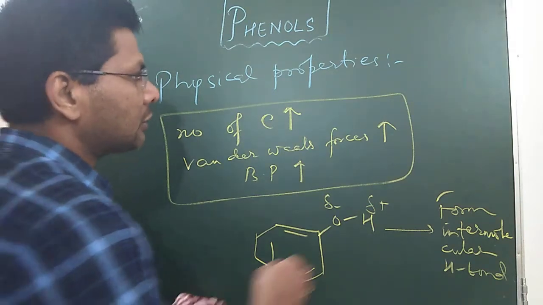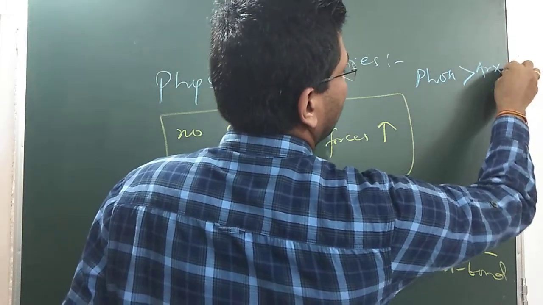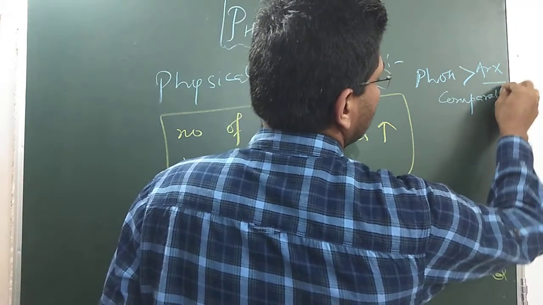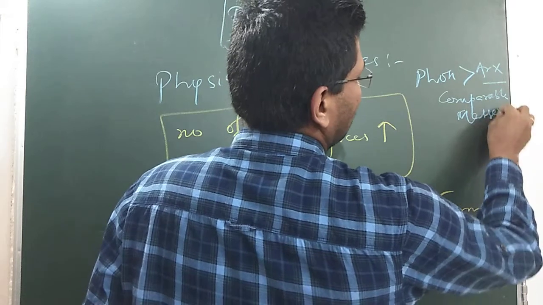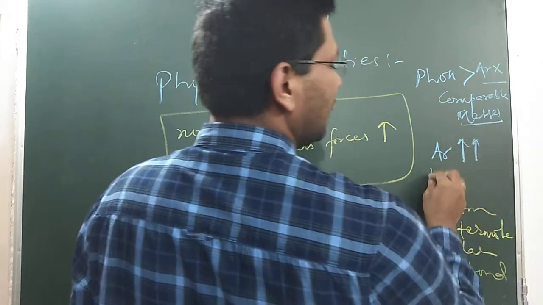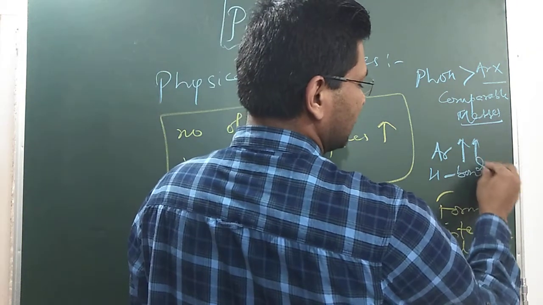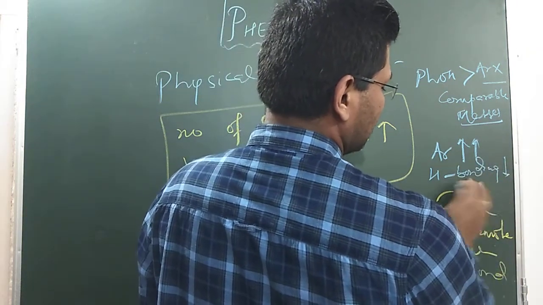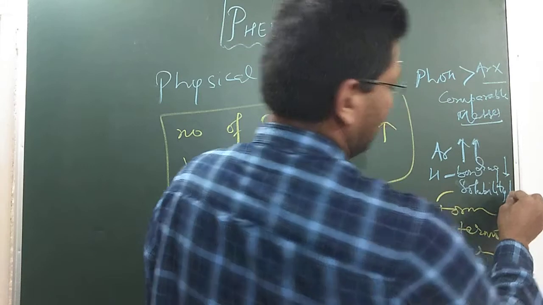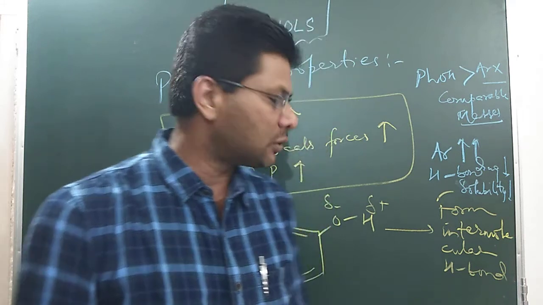The boiling point of phenol is more than that of haloarenes of comparable masses. And as the bulkiness of the aryl group increases, hydrogen bonding tendency decreases, and solubility also decreases.